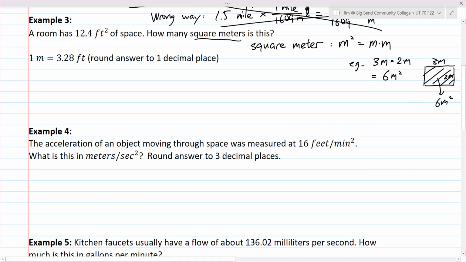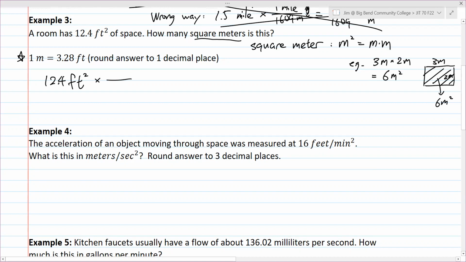Okay, right. Then our goal, and this is the specific conversion factor given, because that means you don't have to memorize this info. And then we are asked to round the answer to 1 decimal place. So let's do it. Put down the original information. We have 12.4 feet squared. All right. Then we want the unit as meters square at the end.